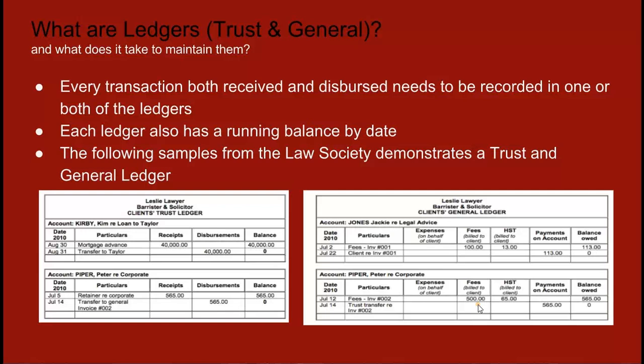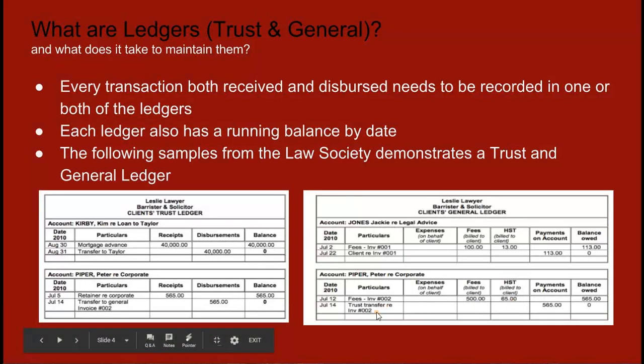So we looked at $565, and that was what was available in your trust ledger. But if I actually look at the general ledger, it divvies up between the actual fee and the appropriate taxes that are associated with it. So it was $500 in fees and 13% in Ontario, which is $65 of HST that was billed to the client.